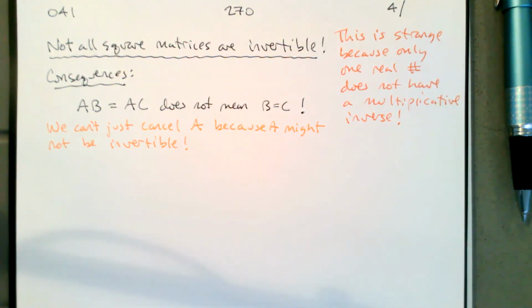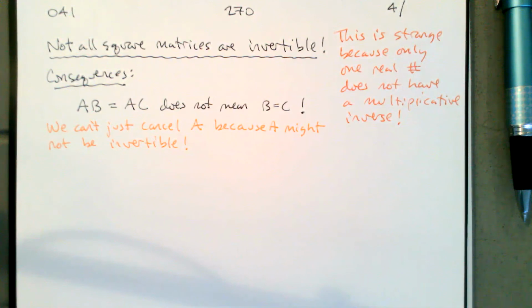This is one of the legacies of our kind of lackadaisical approach to teaching algebra. Because we talk about if 5x equals 10, we talk about canceling a 5. But what we're doing is we're dividing both sides by 5.